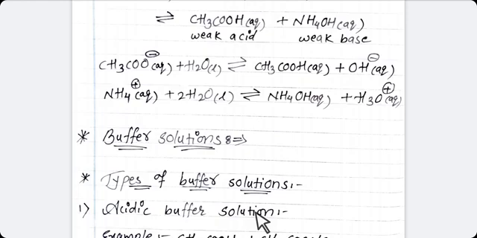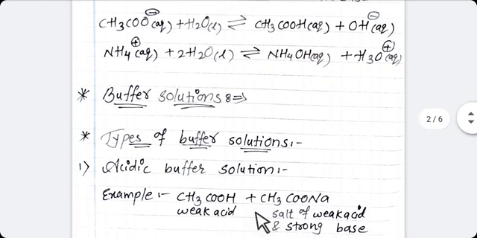So see here, students, it is the example of acidic buffer solution in which we are using a weak acid and a salt of weak acid and strong base. So you can understand easily how we can make acidic buffer solution.